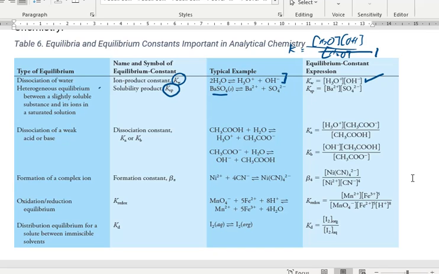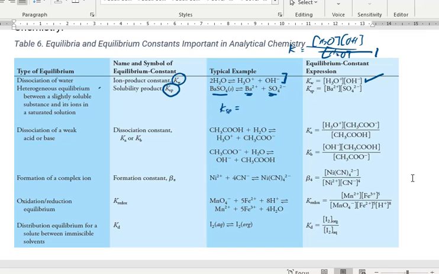So, when barium sulfate dissolves in water, some of it dissociates into barium ion and sulfate ion. So, the Ksp for this is supposed to be just K, but because this is the dissolution of barium sulfate, it's termed Ksp.